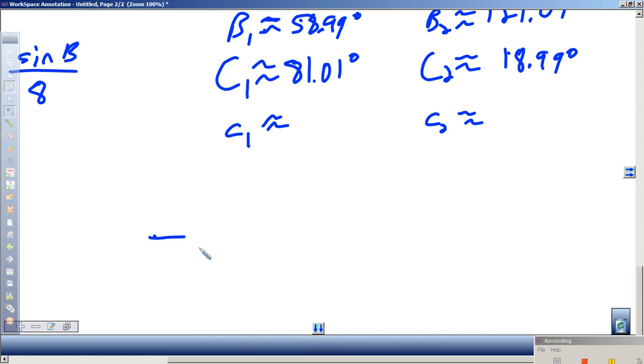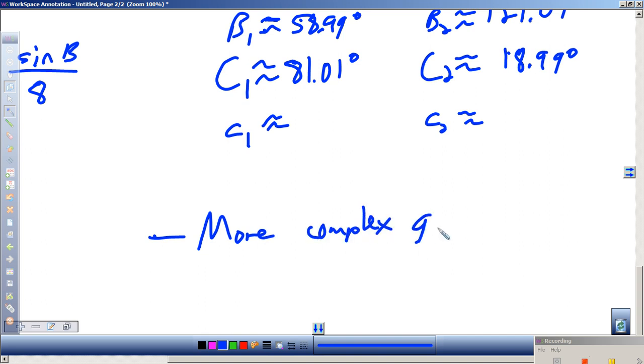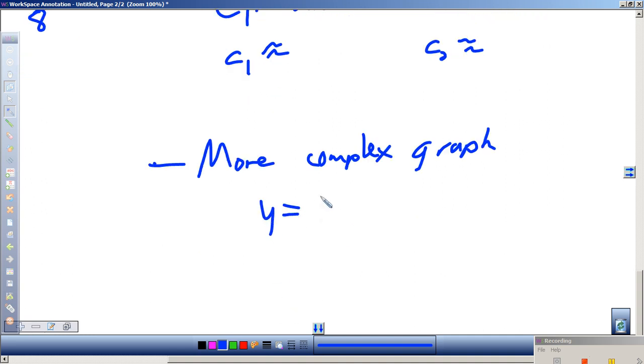So another thing, more complex graphs. I might ask you to make a graph that's a bit more complex, right? I don't know, y equals 1/3 x sine of x. What can you tell me about this graph? What's it going to do?